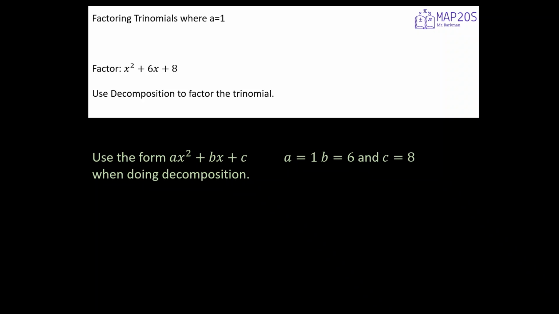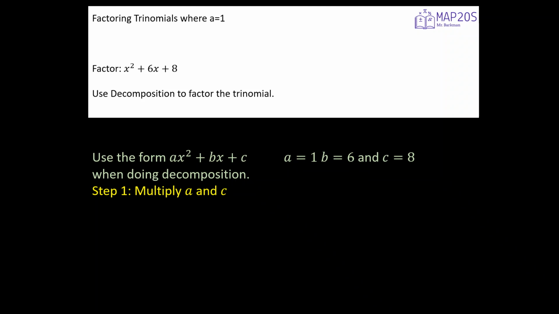So we have these values right here, and we need to know what those values are. In a basic example like this, where a is 1, it's going to hopefully be a little simpler to understand, but we could use it for all examples, even if a is not 1. First step in order to solve using decomposition is we need to multiply the a and the c values together.